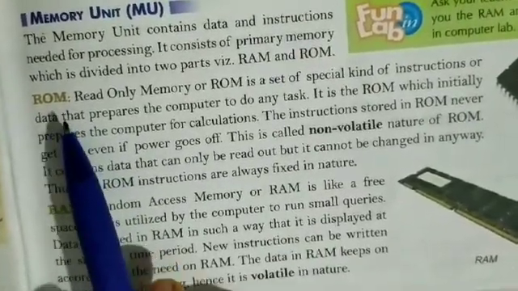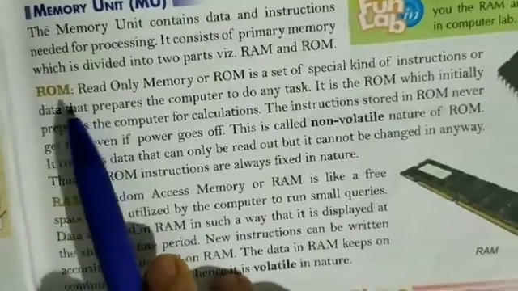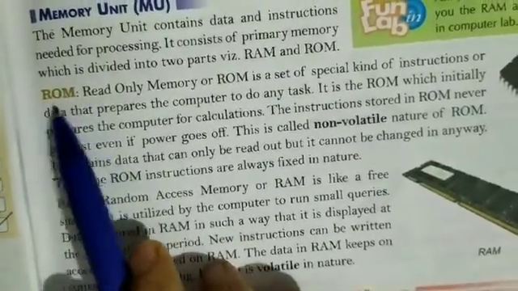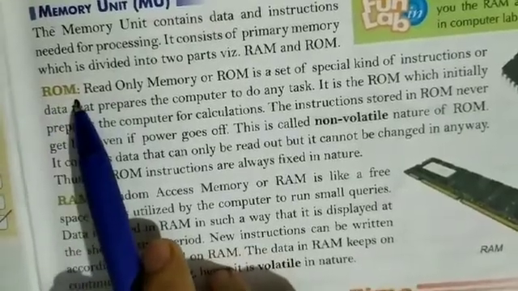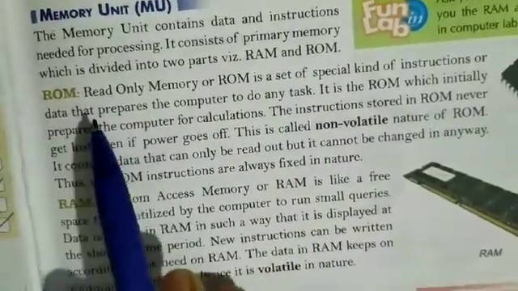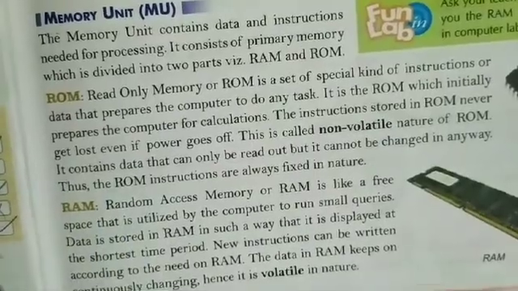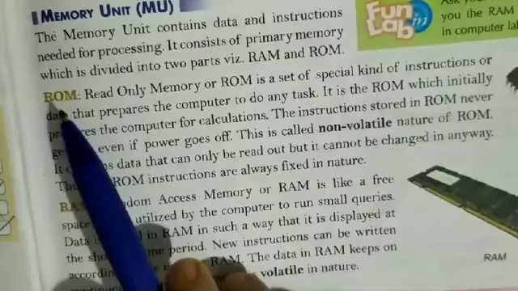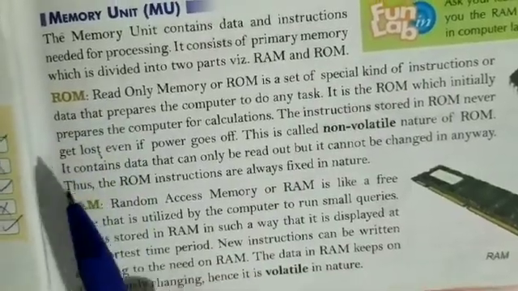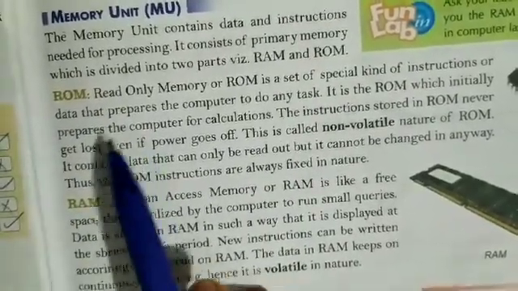You must have read it in your previous class. ROM means read only memory. As the name suggests, you can read whatever data is in it, you can only read it.